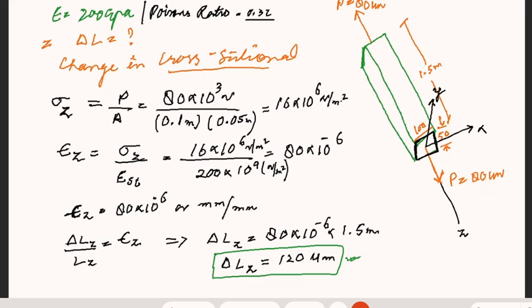We have two directions: one is the x direction, where we have a total width of cross section as 100 mm, and then we have 50 mm on the other side. Now I want to know what is the decrease in the length on the 50 mm side, and what is the decrease in the width of the 100 mm side, because you will be having B and D as the cross-sectional dimensions.